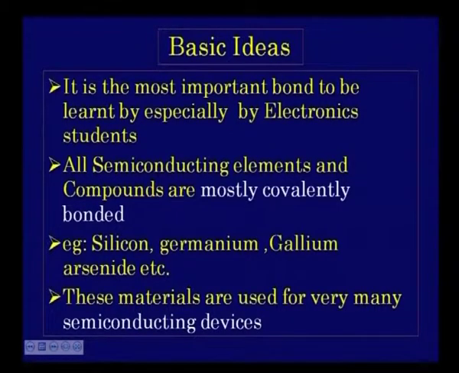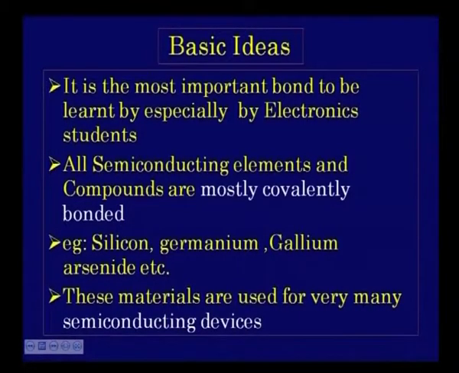Of course, you have very many other systems also. Besides silicon and germanium, there are binary systems like gallium arsenide, indium phosphide and so on. These materials are used for very many semiconducting devices.